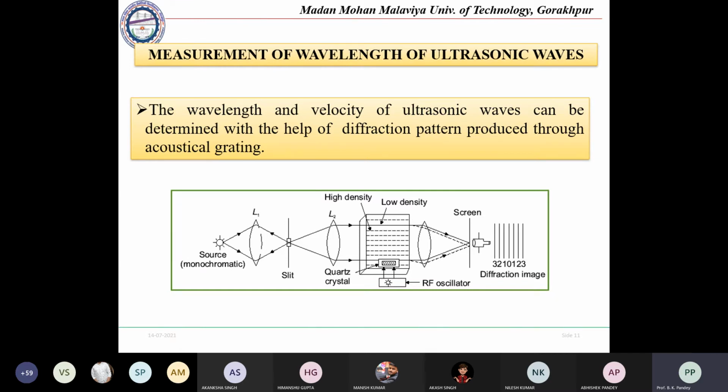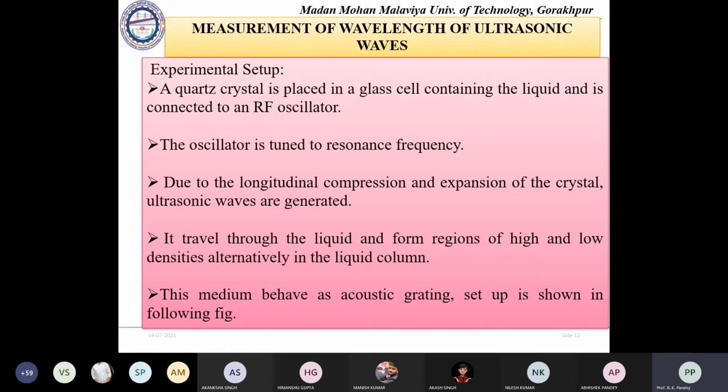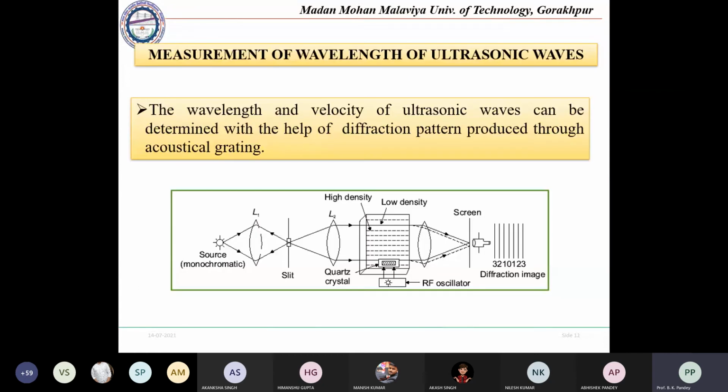The wavelength and the velocity of ultrasonic waves can be determined with the help of the diffraction pattern produced through the acoustical grating. So what is happening basically here? Perhaps the experimental setup has been given here. But before going there, I am telling what the essential part of the experimental arrangement is and how this experiment is working.